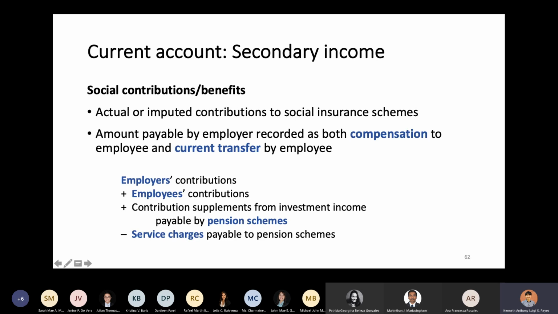So the total transfer by the employee would be derived by this equation. You have the employer's contributions plus the employee's contributions plus any other contributions that arise from pensions, subtracted by a service charge. The service charge, of course, will be in the services account.